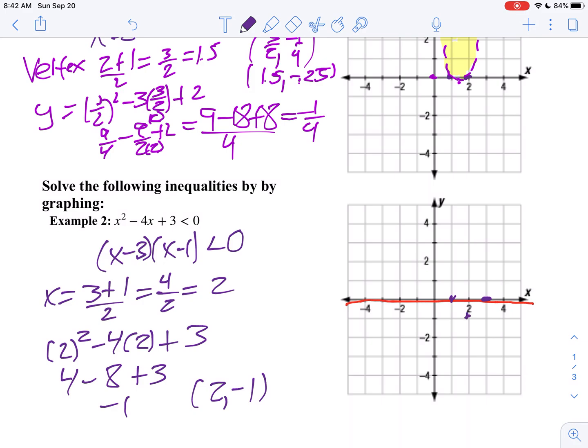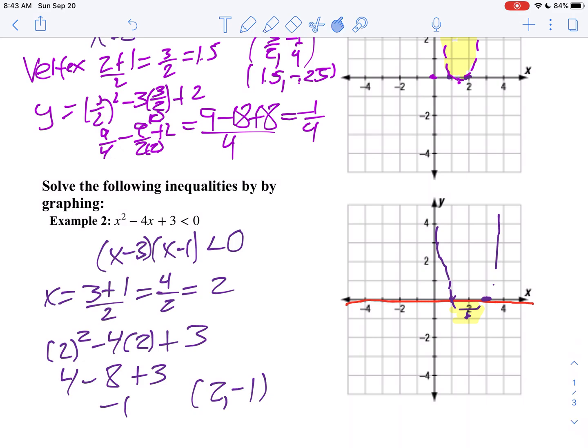It's a happy parabola, so it opens up. If I was graphing it, I would shade it, but really what I'm looking for is the part of the parabola that is below the x-axis, this part right here.